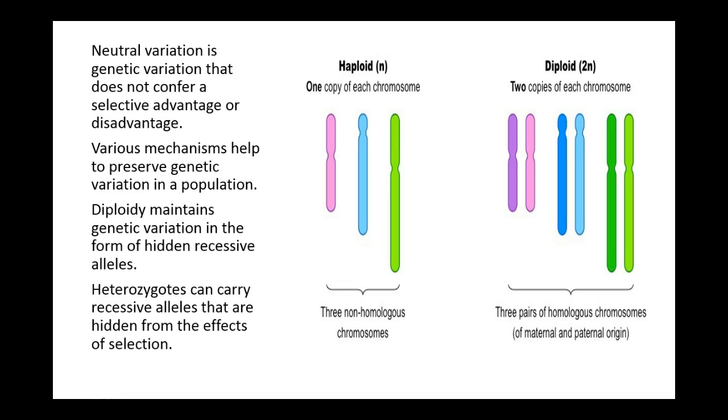Diploid variation with dominant and recessive alleles helps to maintain genetic variation. We do find that those species that are diploid, 2N, with two copies of each chromosome, tend to be more adaptable to their environments.